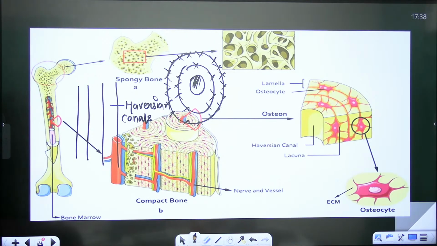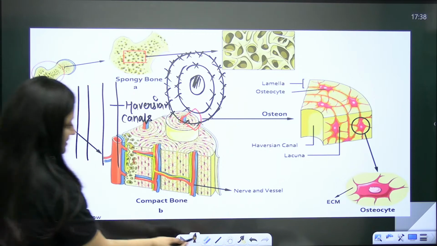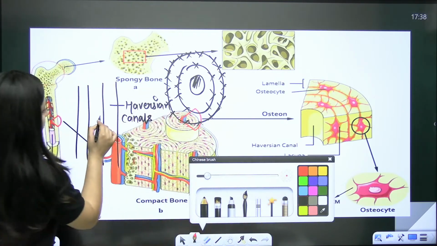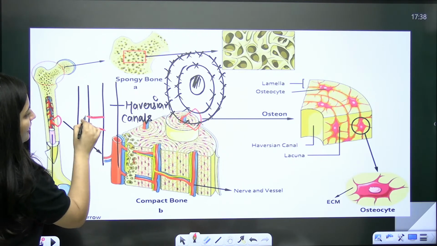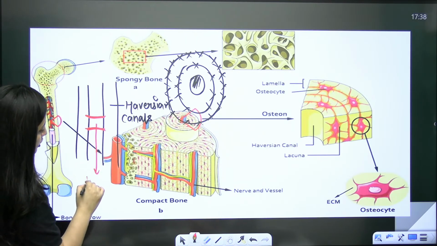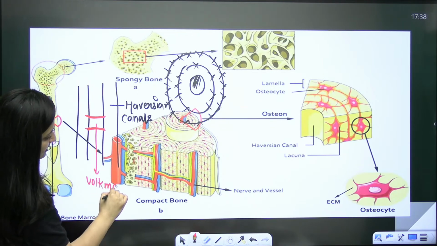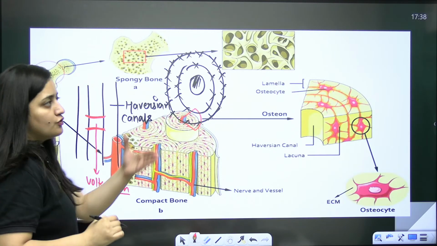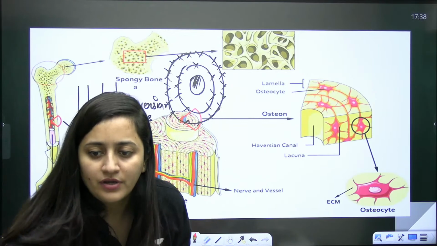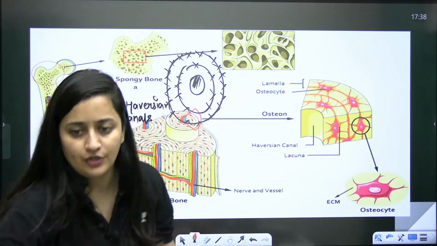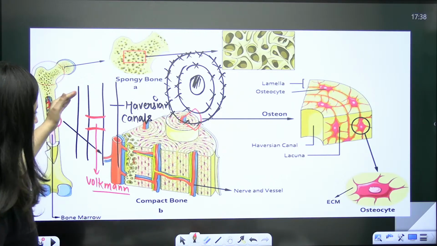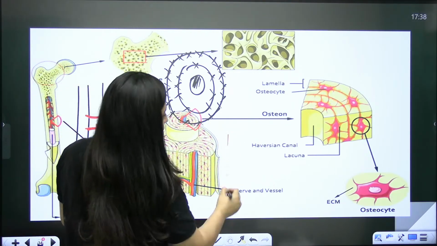What will you see here? You will see the nerve supply and the blood vessel. And now these transverse canals which are linking different Haversian canals, they are the Volkmann's canals. Just suppose there is a bone, and you are taking a transverse section. Now when you look at the structure within, you will see some longitudinal canals.